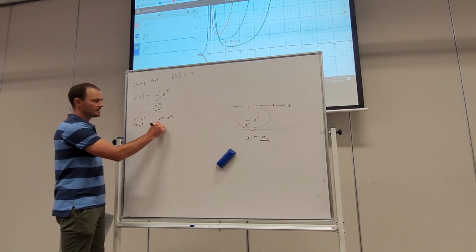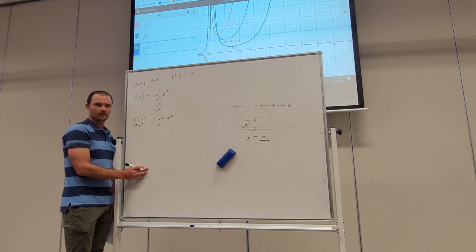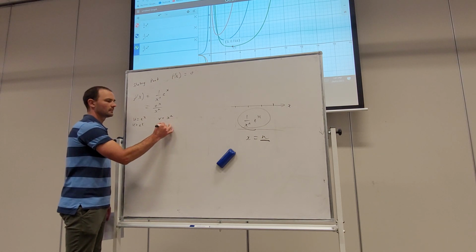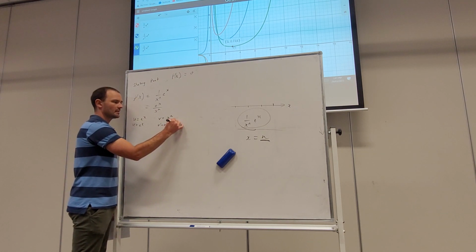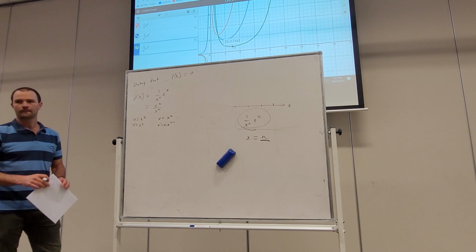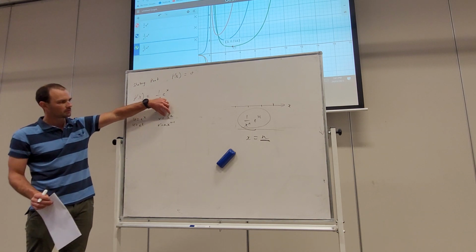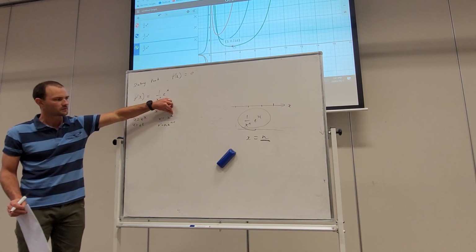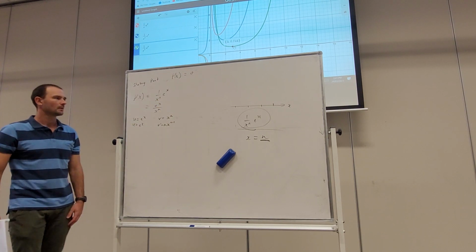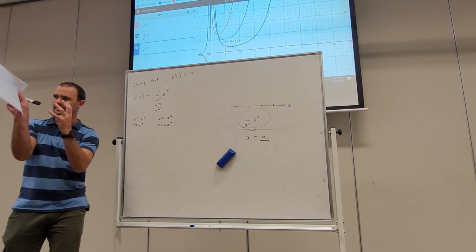And so v dash will be n x to the n take 1. All right, so the power rule, when you differentiate x to the n, it goes to n x to the n take 1.